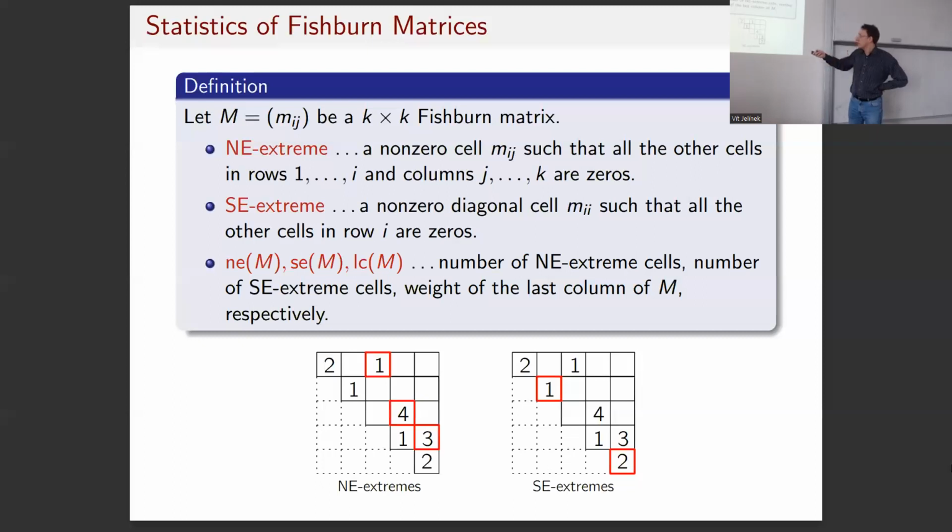Among those three statistics, the first two are really counting the number of non-zero cells with some property, and they do not care about the actual value of the cell as long as it's non-zero. But the final statistic is actually caring about the value of the cells. It's really the total weight of the last column.